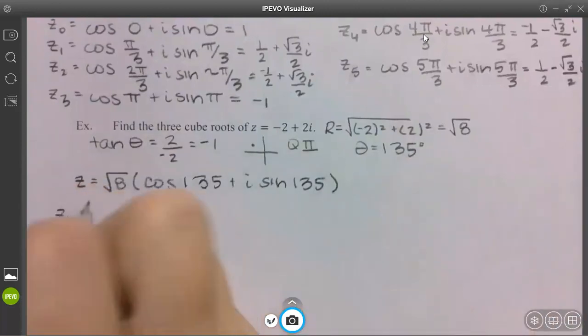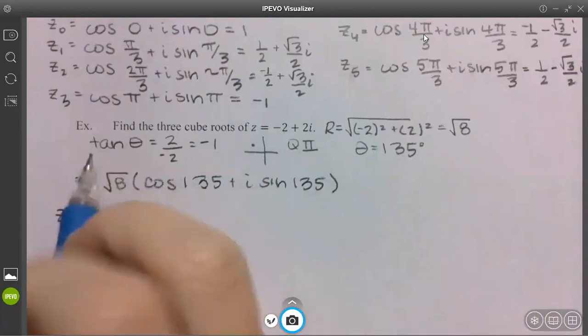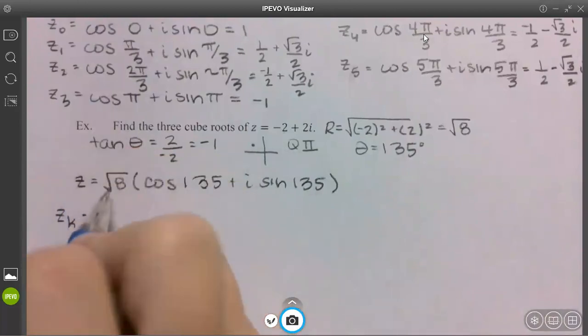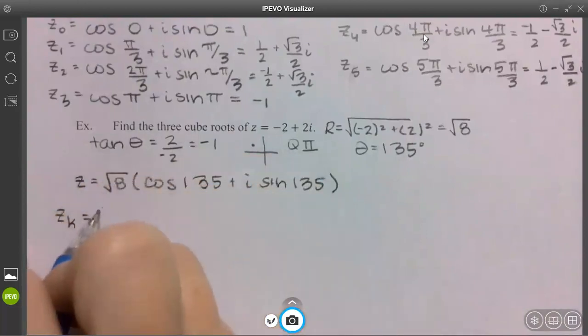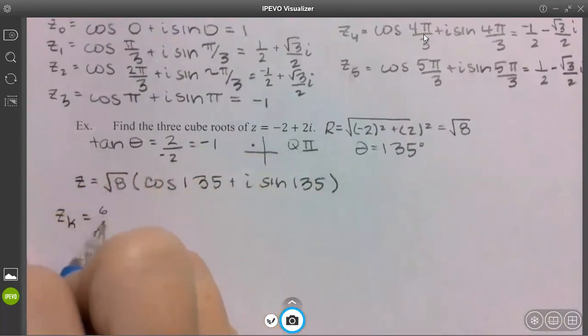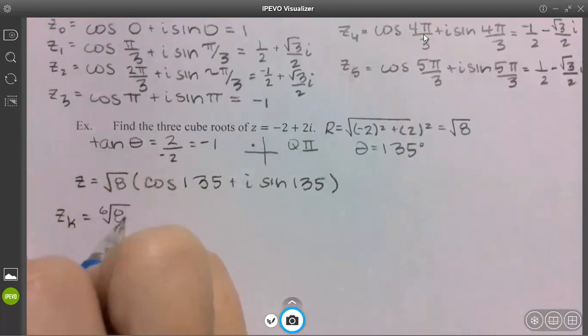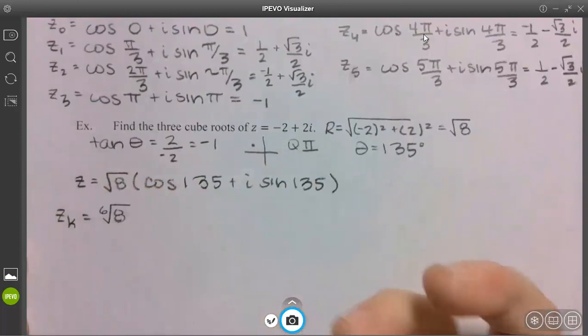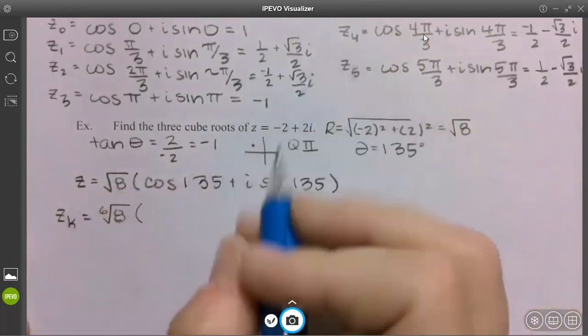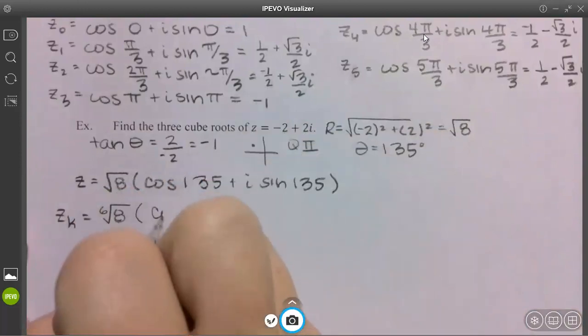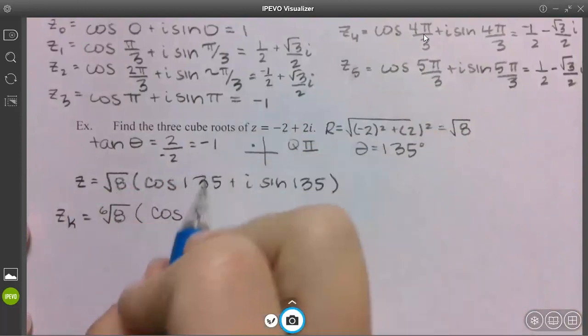And then we do our zk. We want the cube root of the square root of 8. So the cube root of the square root of 8 is going to be the 6th root, and again, that's just because it's the square root of 8. Cosine of 135.